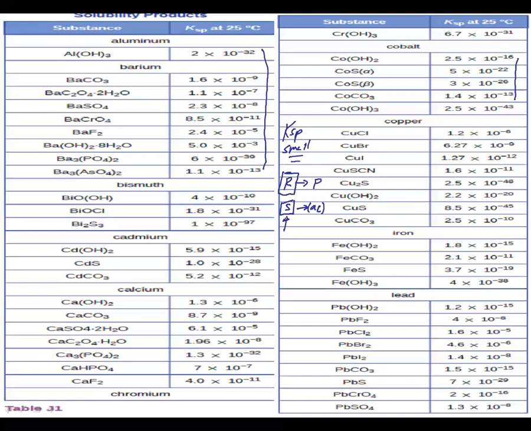But some of these values are very, very small, as you can see over here, like 10 to the minus 48, and this one is 10 to the minus 28. So for all intents and purposes, there are a lot of things that are pretty much considered completely insoluble.